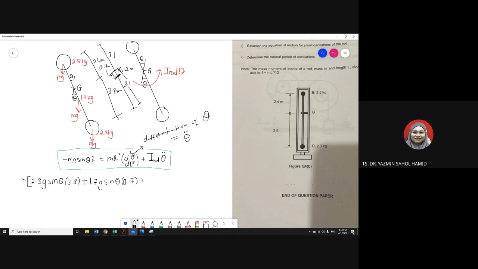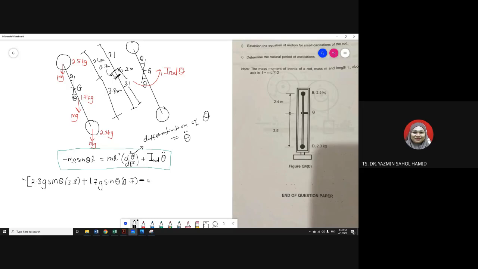Now, because we know it's restoring back the force, for the mass 2.3 and 1.7, they are longer on that side, but for the 2.5 kilogram it will be positive. So for it to be positive we have to put a negative here.